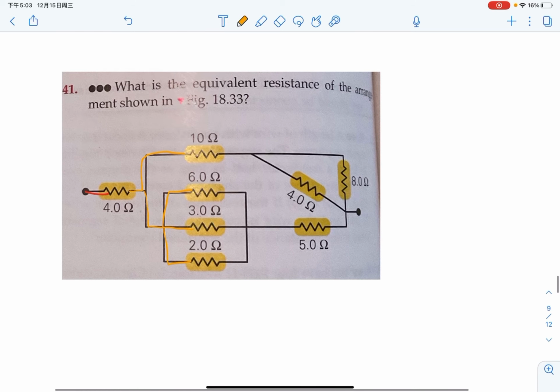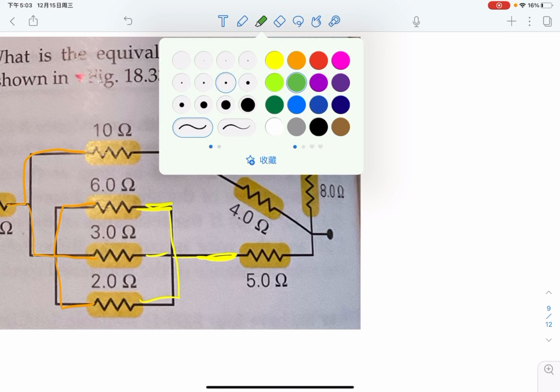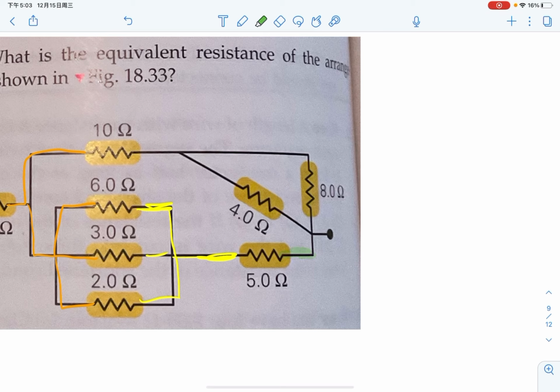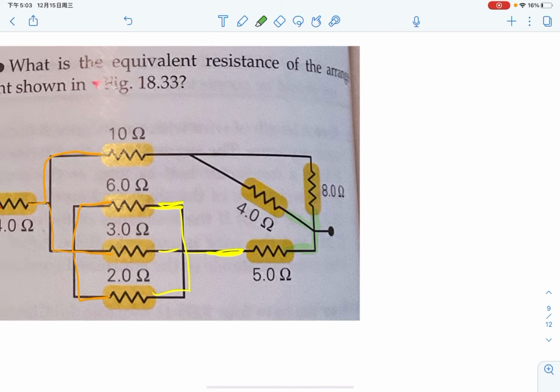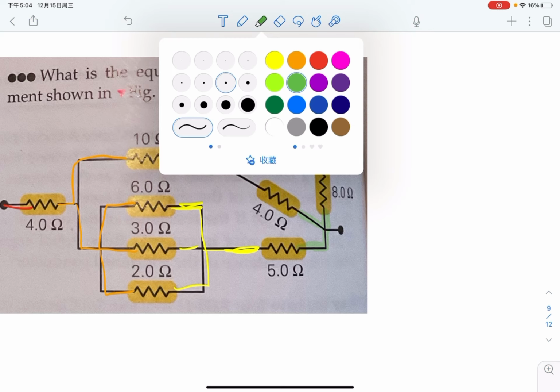And now just color it. Just go to here. That is green over here. And wait, let me change color.